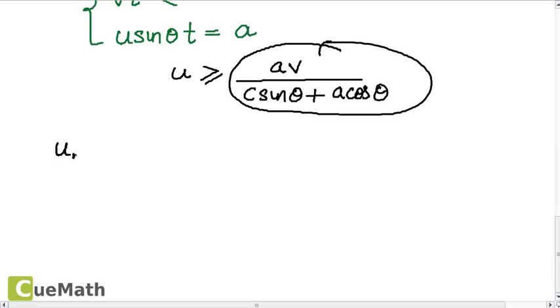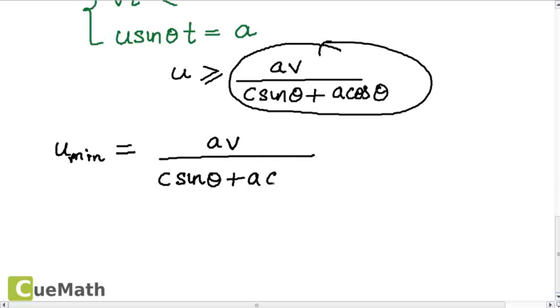We observe that the minimum value u min, v is a constant, a is a constant, so u min will be equal to av by c sine theta plus a cos theta, the maximum value of this in the denominator.